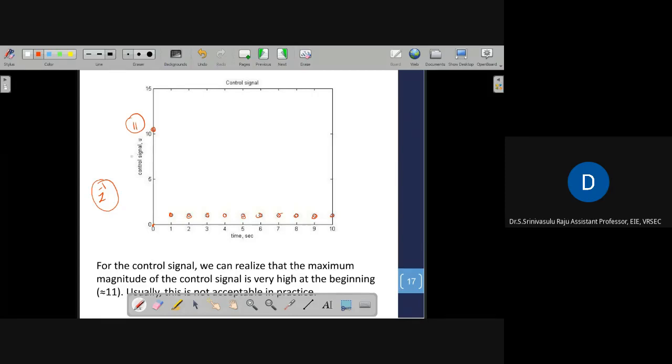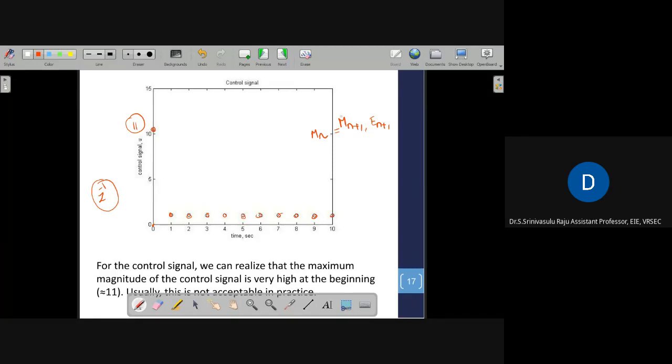What did we do? In the equation we had m of n plus 1 or error of n plus 1. So we concluded that the current controller output m of n requires the future error value, so the deadbeat algorithm is not possible.